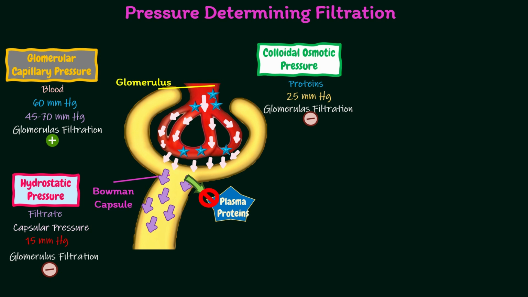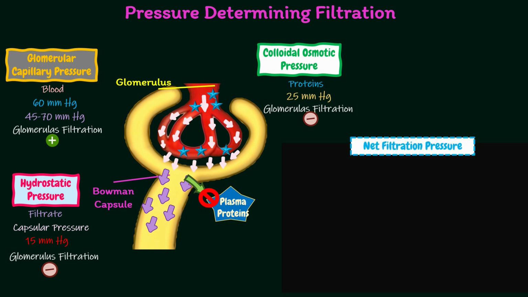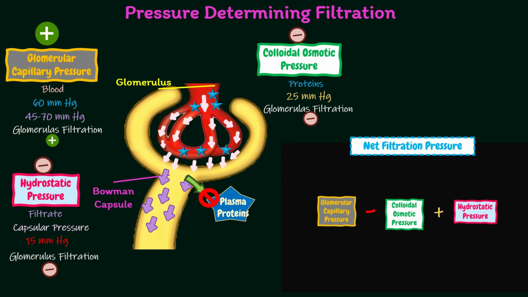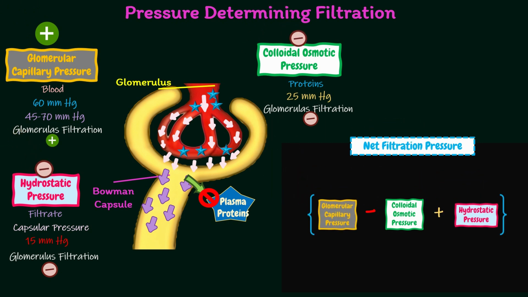Now, using these pressures, are you able to find the net filtration pressure? Net filtration pressure is the balance between the pressure favoring filtration and the pressures opposing filtration. It is otherwise known as effective filtration pressure or essential filtration pressure. Glomerular capillary pressure is 60 mm of mercury, colloidal osmotic pressure is 25 mm of mercury, while hydrostatic pressure in the Bowman capsule is 15 mm of mercury.